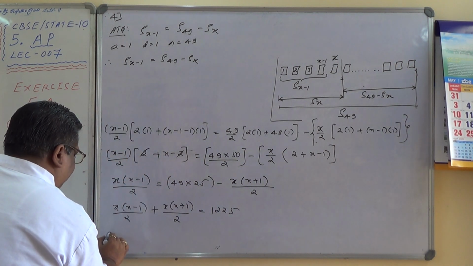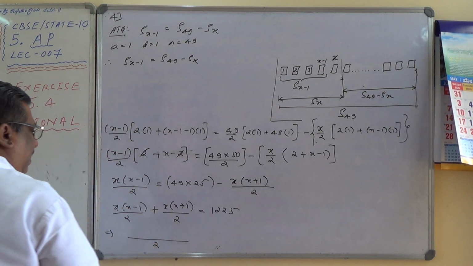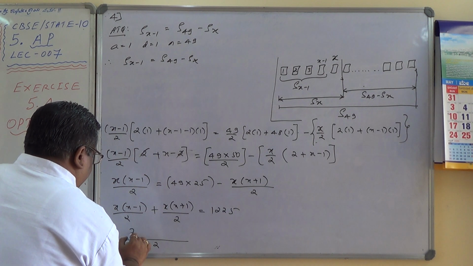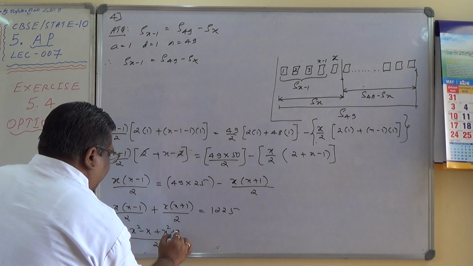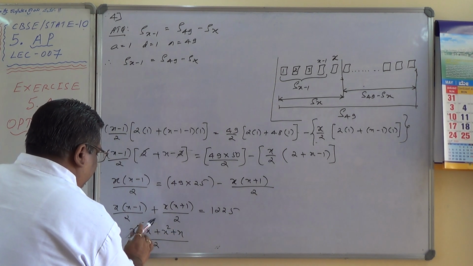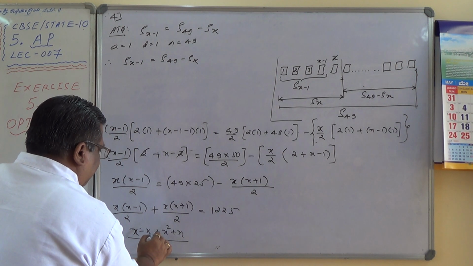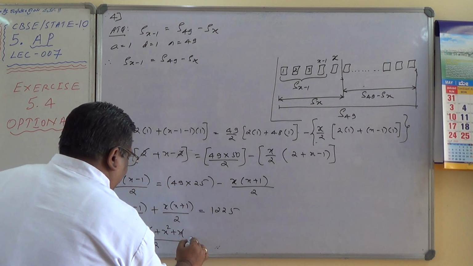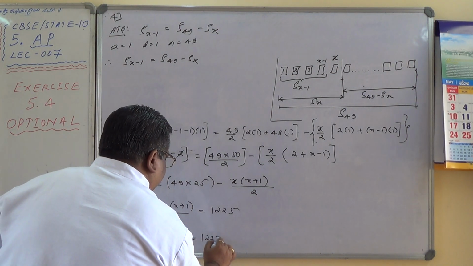Taking the 2 LCM, it implies x square minus x plus x square plus x. This will cancel, which is 2x square, which equals 1225.